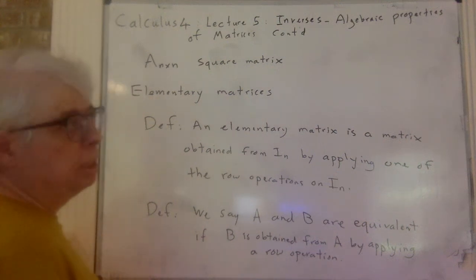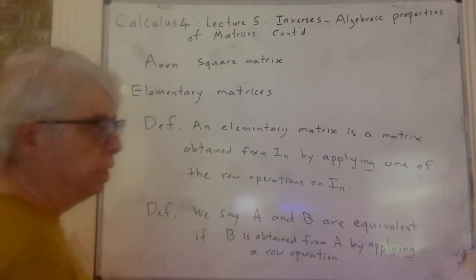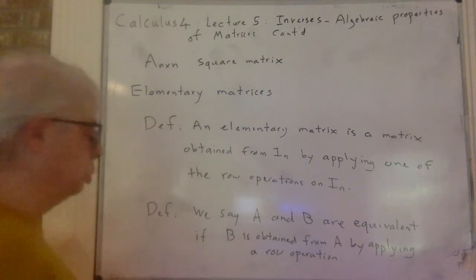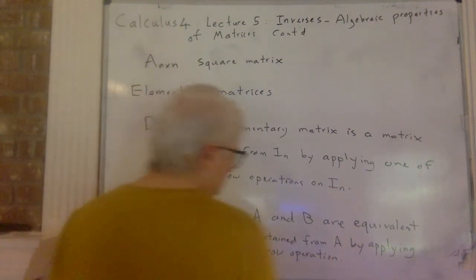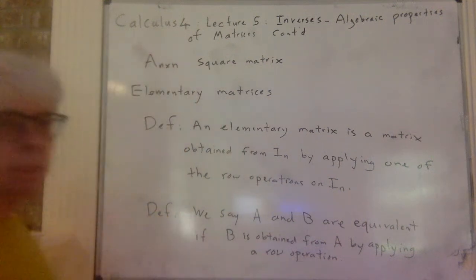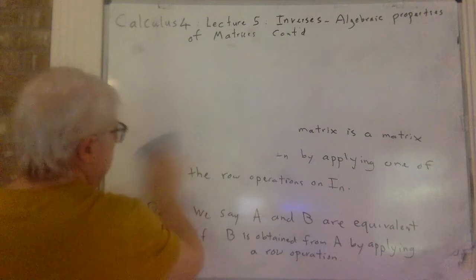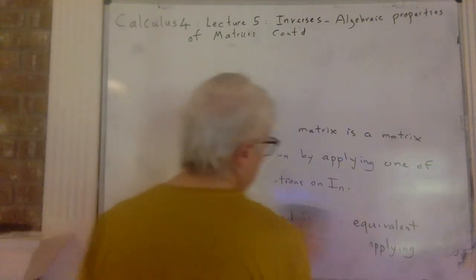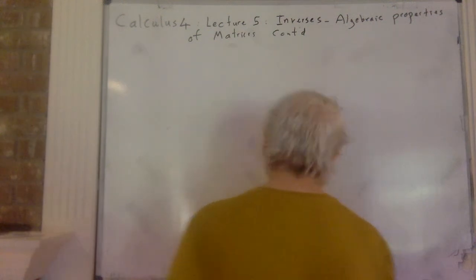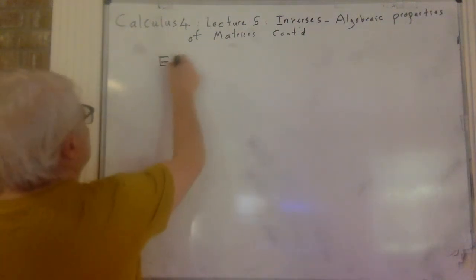Which means that in a sense, those two systems of equations are equivalent. They're not the same, but they have the same solution. Okay, so let's look at some elementary matrices and also ask one question: do they have inverses?